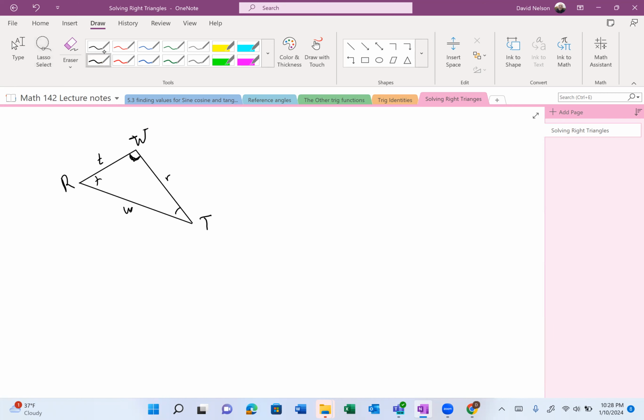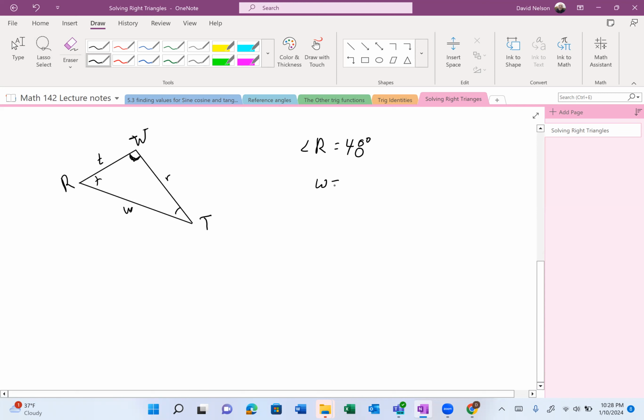Let me get a pen again here instead of a grabby thing. Let's say that angle R is 48 degrees, and let's say W is equal to 67.